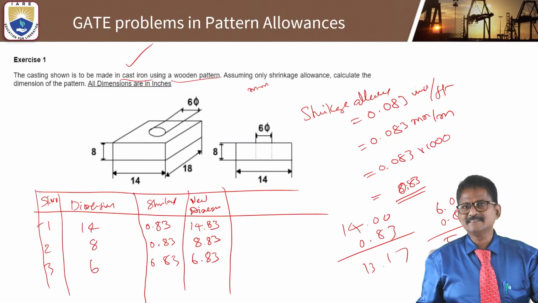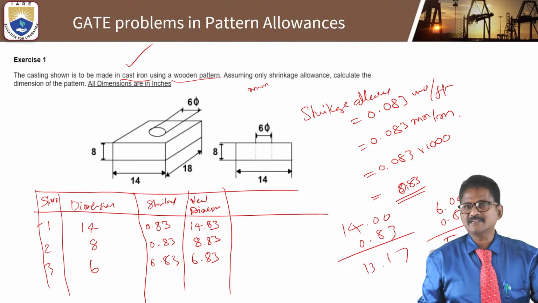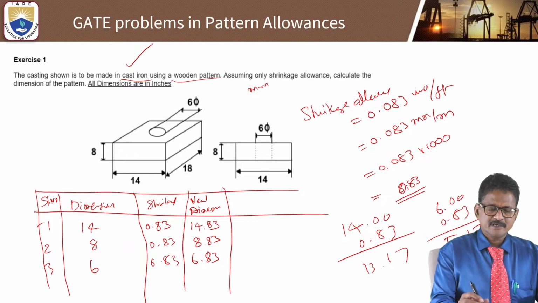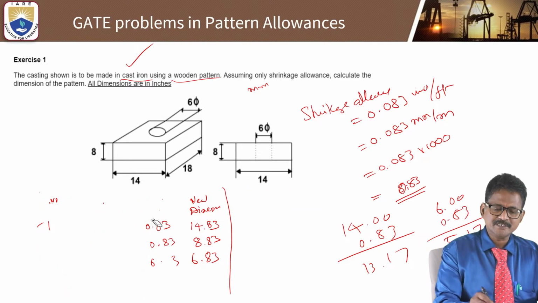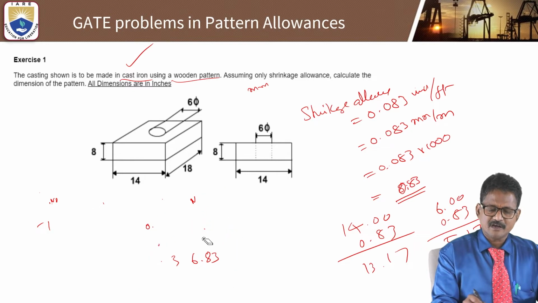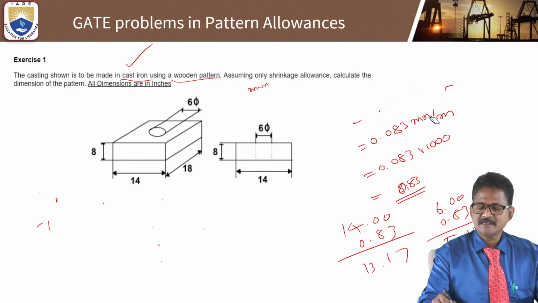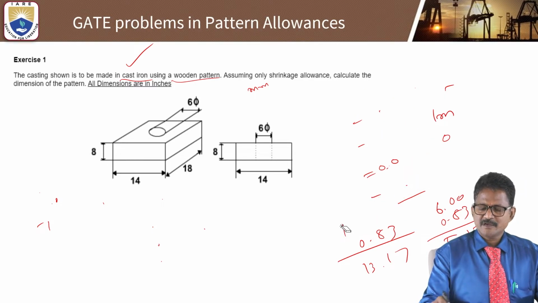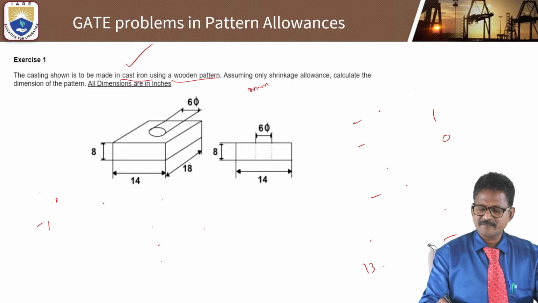I have explained this neatly in meters, but you can also see how to do it in inch per foot, how we can perform inch per foot effectively in this type of problem. The concept is similar for any dimension.